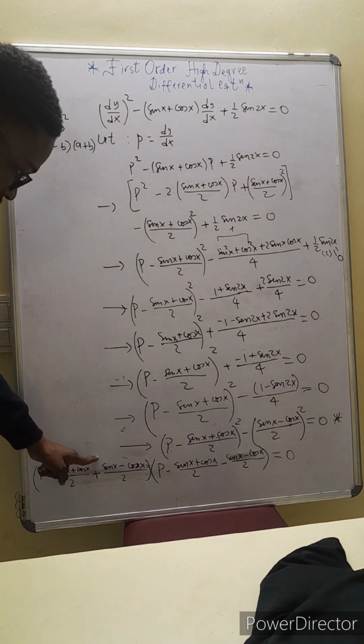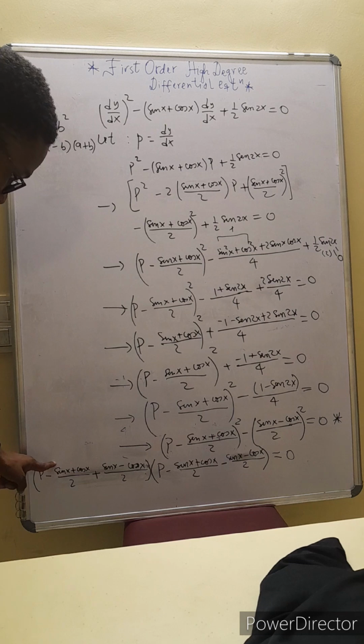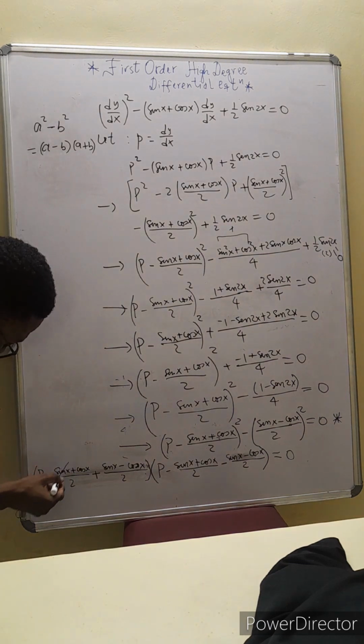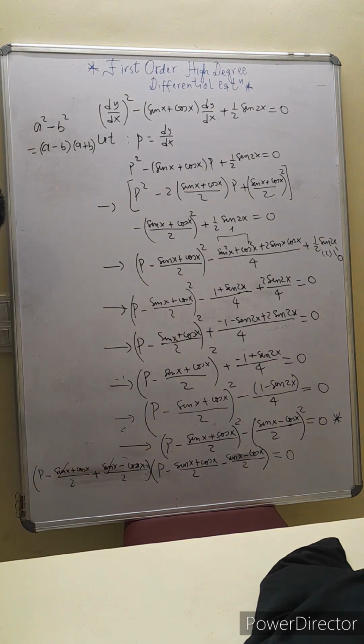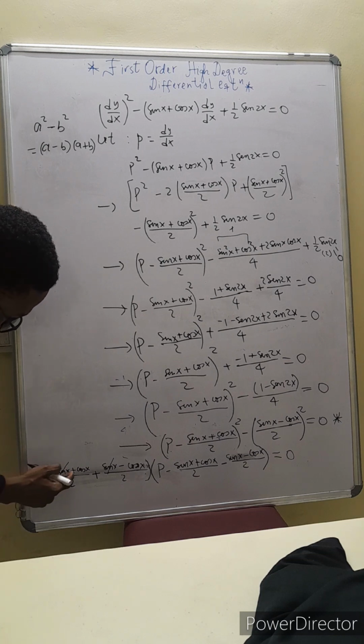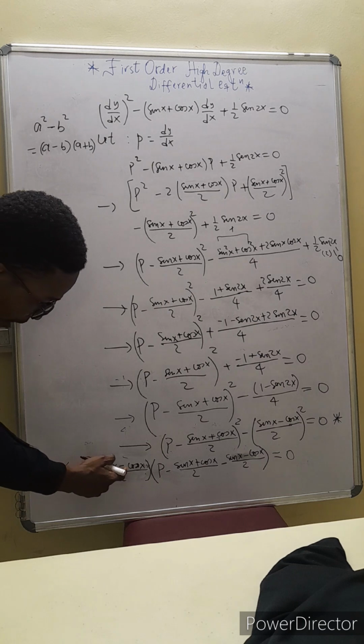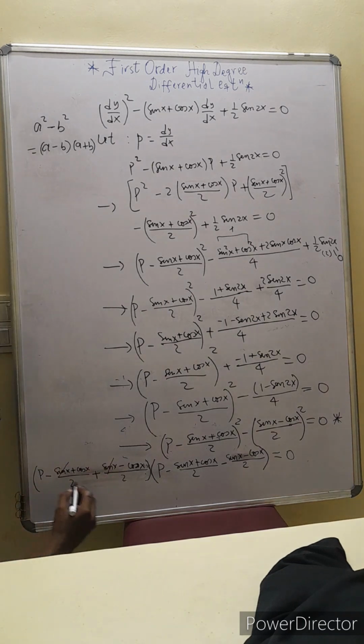Then this sin is positive, this sin is negative, so this and this are going to cancel out. And this minus here will be minus cos, the same as I write p minus here, minus cos minus 2 cos. 2 by 2, it is only cos of x.